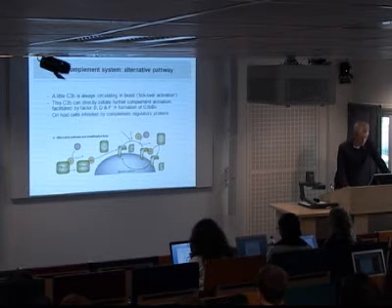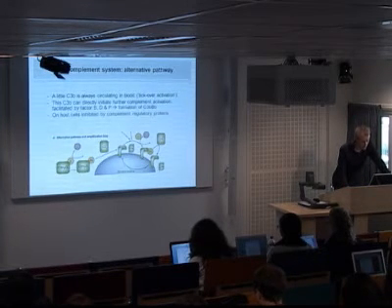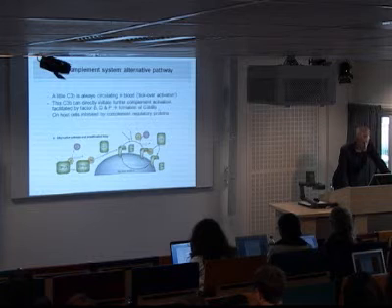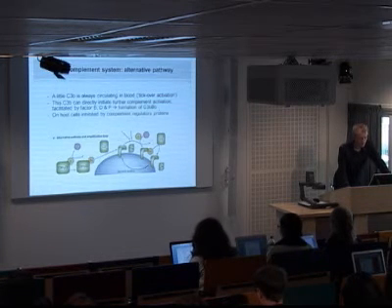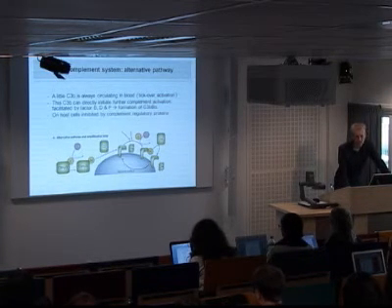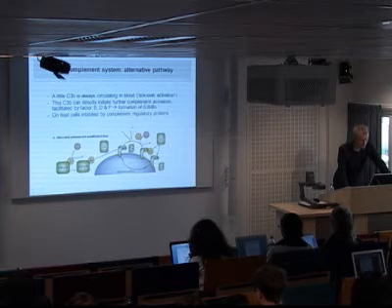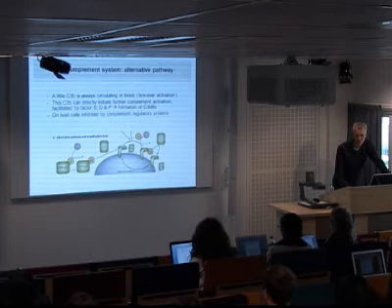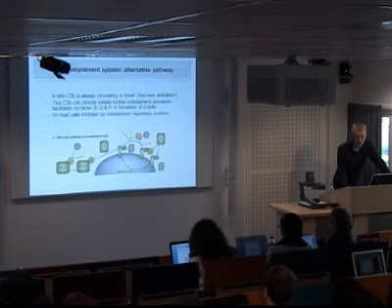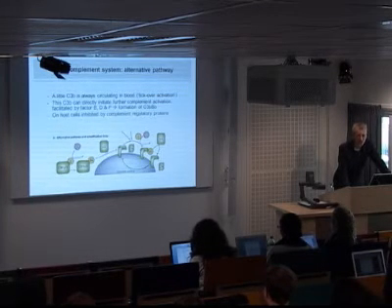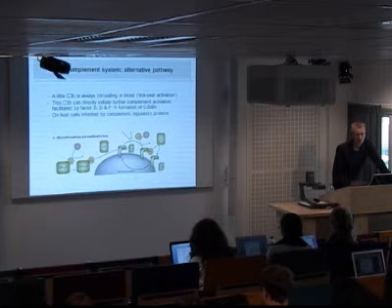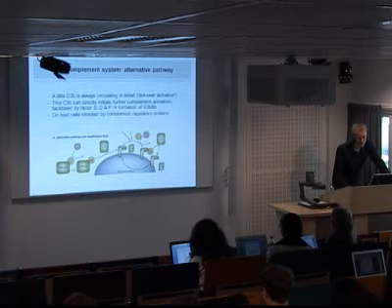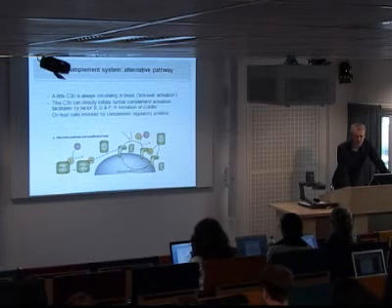And this C3b, if it forms a complex with factor B in this case, this is another type of C3 convertase. So together, this can amplify and generate more C3. So the C3 that has been formed in the alternative pathway can promote its own formation again and thereby amplify the complement cascade.